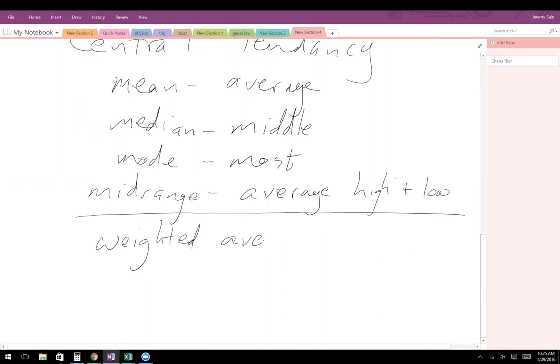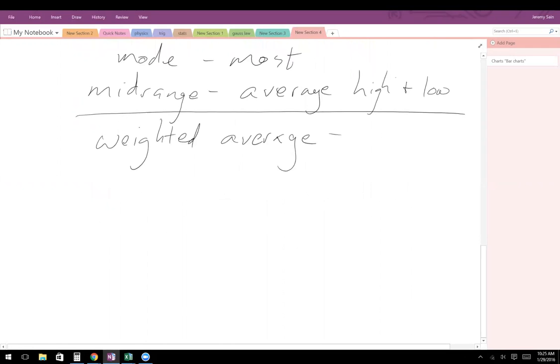So let's talk about a weighted average right quick, because everybody needs to know how to do this. If you're in college, that's how your grades are computed. So you've got some values that you want to average, but those values all have different weights.